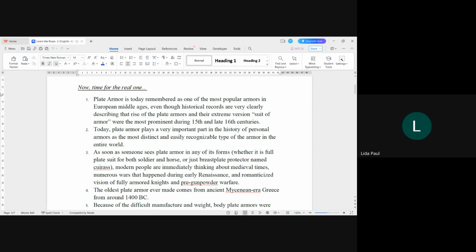Very and clearly both are adverbs, right? Anything more?